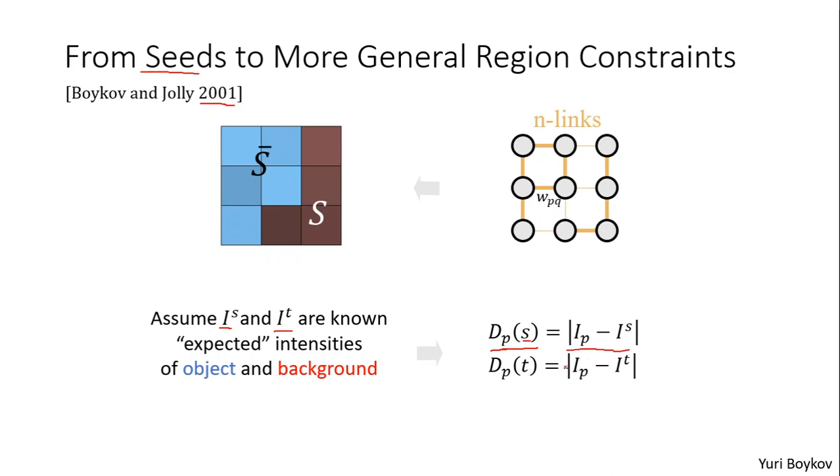It is this. So does DPT belong to T, IP minus IT? Now you can see, if you know these IS and IT, the constant intensities of the object and the background, then we can compute the costs, whether a pixel would like to belong to the background or whether it would like to belong to the object.